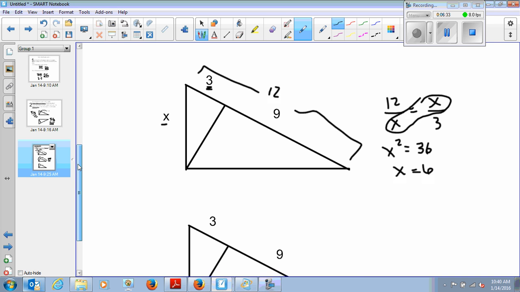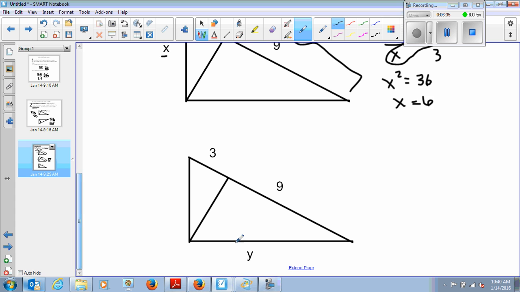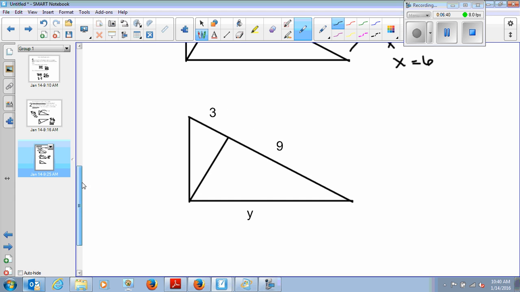Moving on a little bit. Okay, same triangle, except this time I'm trying to find y. So again, the leg is the geometric mean of the whole hypotenuse, which we found was 12, and the part of the hypotenuse that is closest to this leg, 9, is the closest one to this leg. It actually touches it.